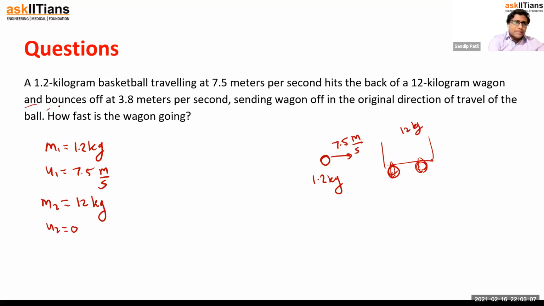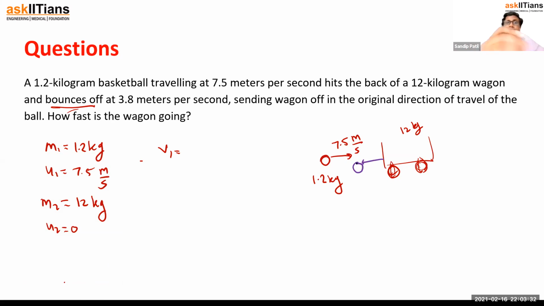The basketball bounces back after collision, so we say V1. Bounces off means when it strikes here, it is going to come back like this. So V1 is in the opposite direction, on the left side.